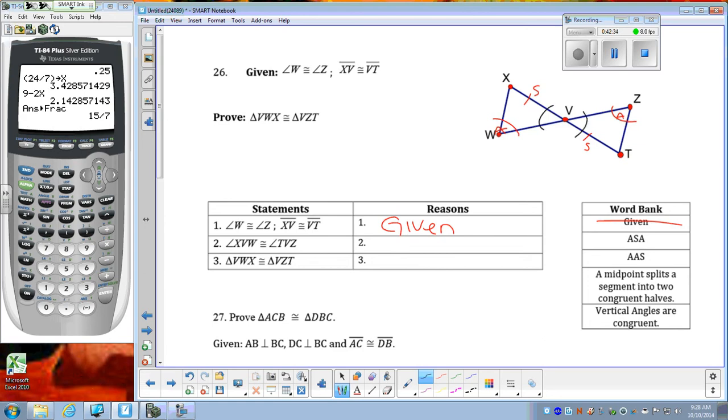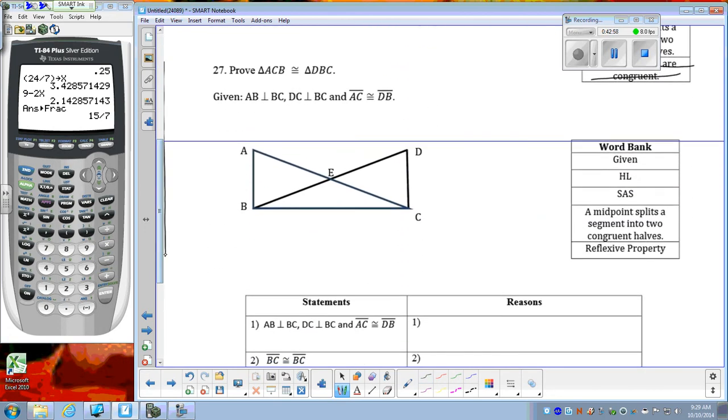Well, I know that because vertical angles are congruent. Now if I look at my diagram, well, I have angle, angle, side. So my two triangles are congruent by angle, angle, side.